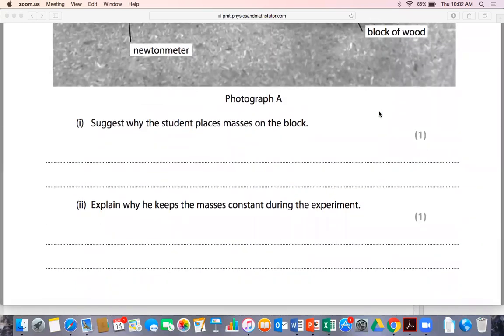To see how much weight he can carry. What do you mean? Is it because the wood is too light? Not quite. Go back to the picture.